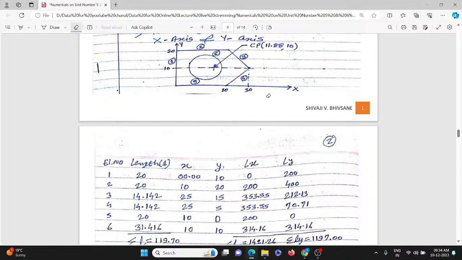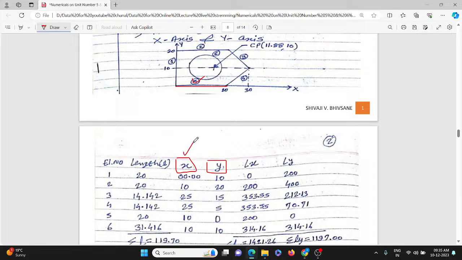So listen once again. First of all, remember what is x. We are calculating the center of pressure, so we have to calculate x and y. We are considering the element number 5, the line perimeter. So what is x?